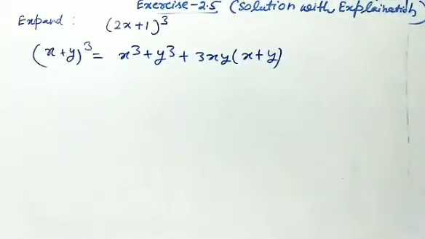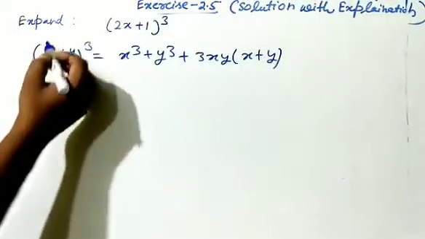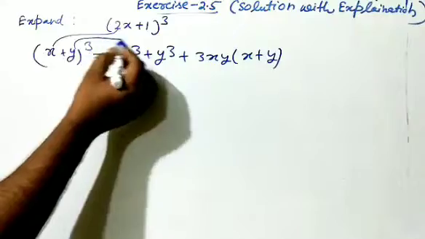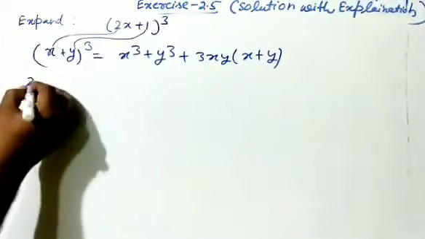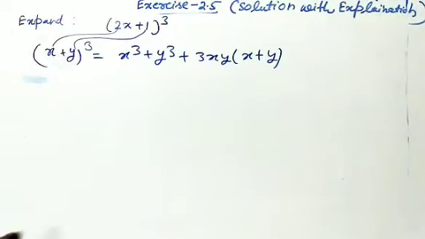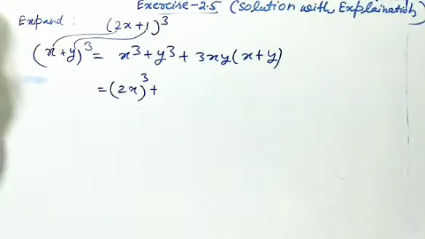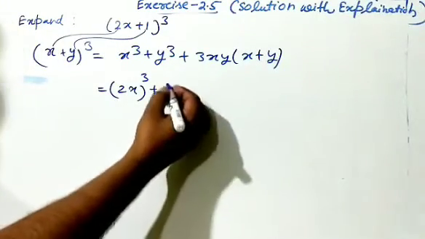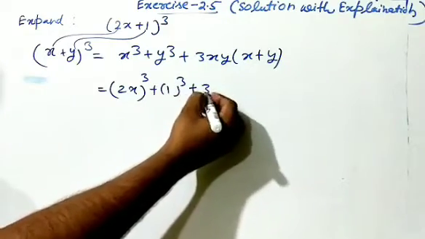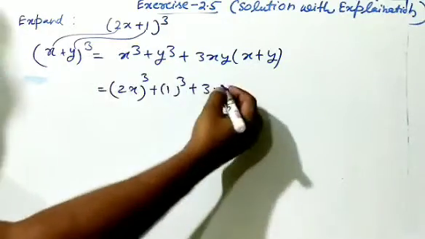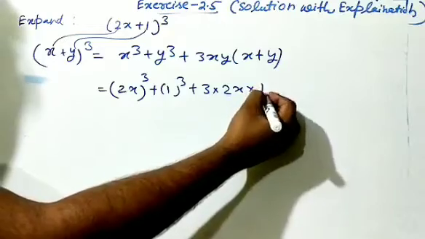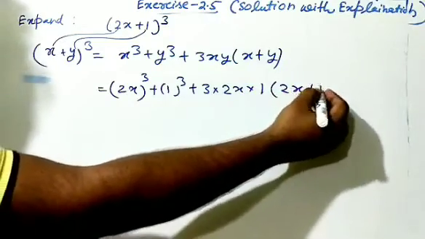When we compare this formula, x is 2x and y is 1. So put 2x in place of x, (2x) whole cube, in place of y we put 1 whole cube, plus 3 multiplied by 2x multiplied by 1 multiplied by (2x + 1).